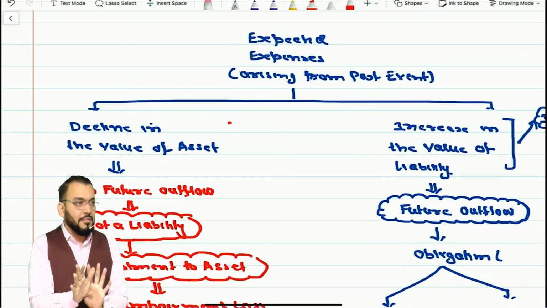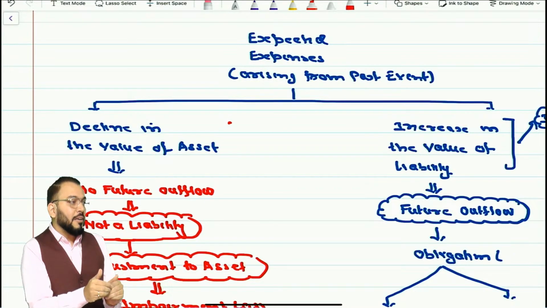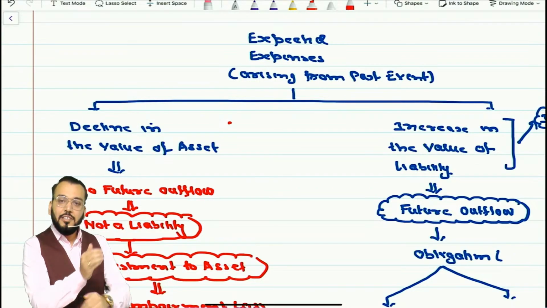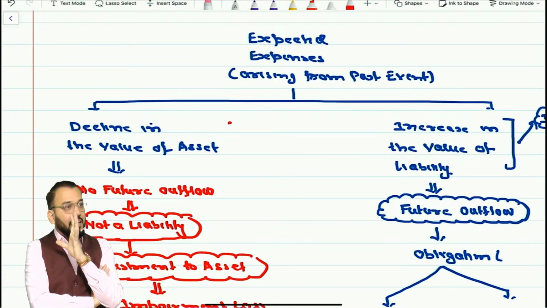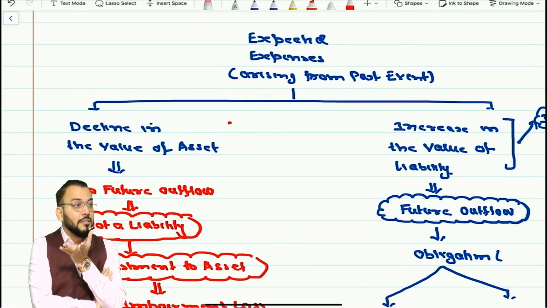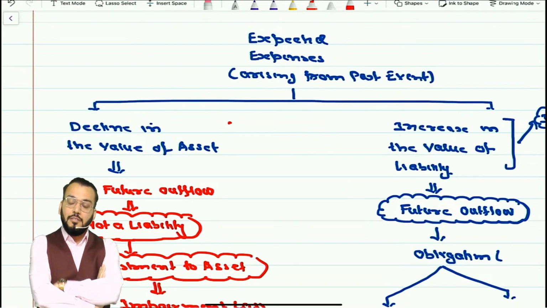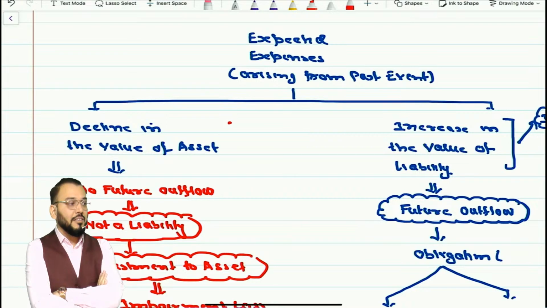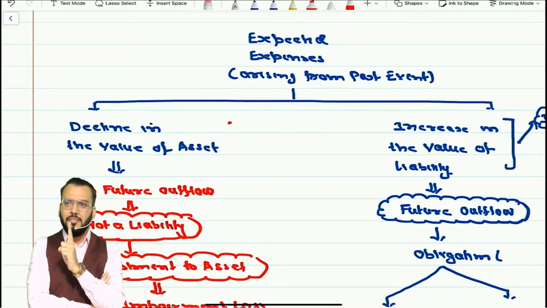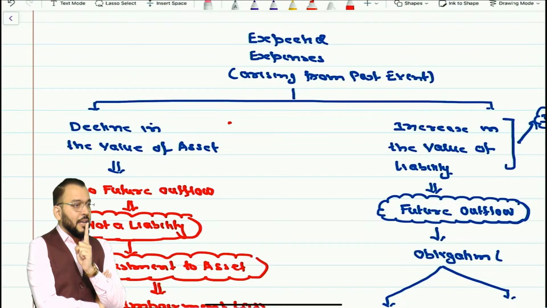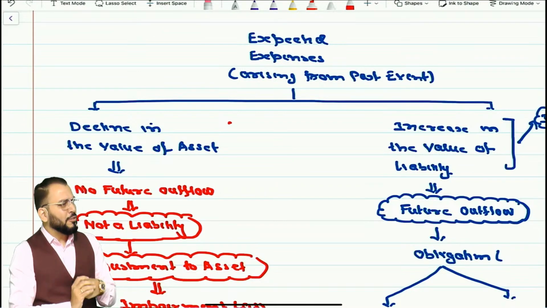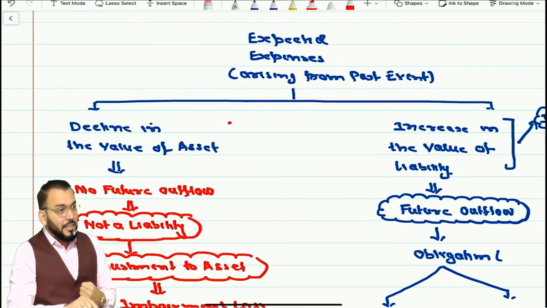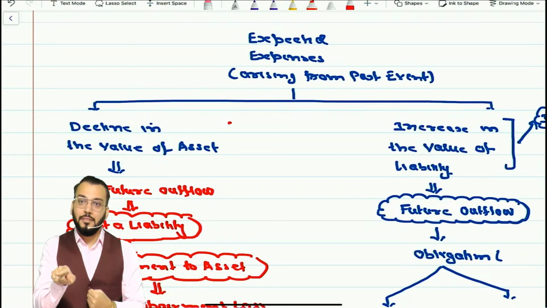Whenever a CA is asked a question, they will think first. They will analyze and then they will speak. Even though they know, they will first think and then speak. This is the quality of a chartered accountant. And if they don't know the answer, they will say, I am busy right now, I'll get back to you tomorrow, and then they will study and come back and reply.